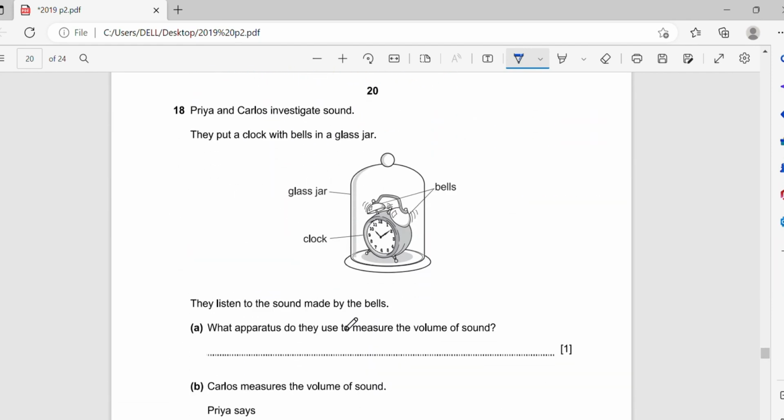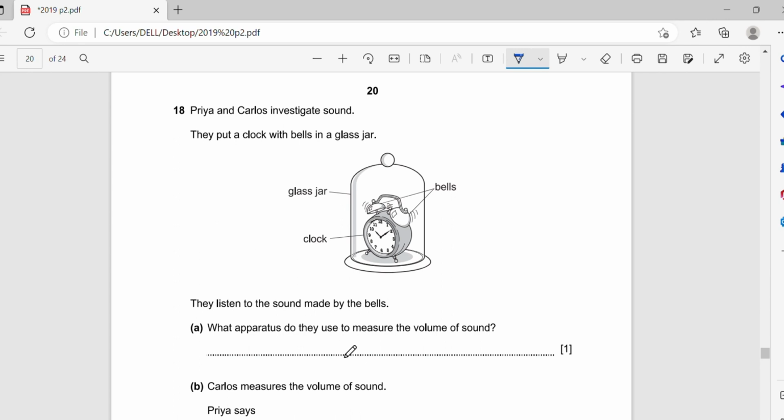Question 18. Priya and Carlos investigate sound. They put a clock with bells in a glass jar. So we have a bell, a glass jar, and a clock. They listen to the sound made by the bells.